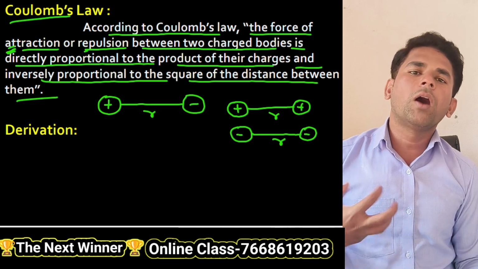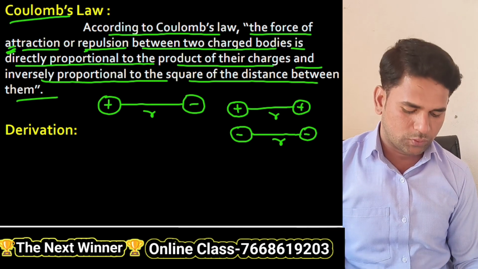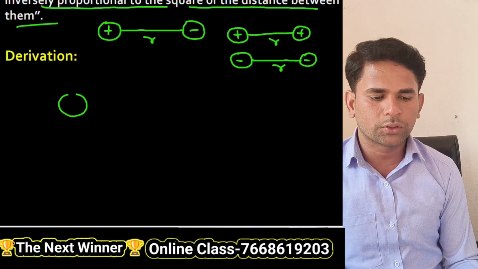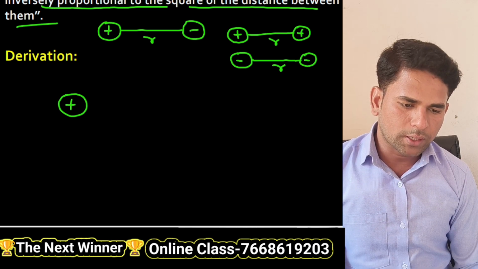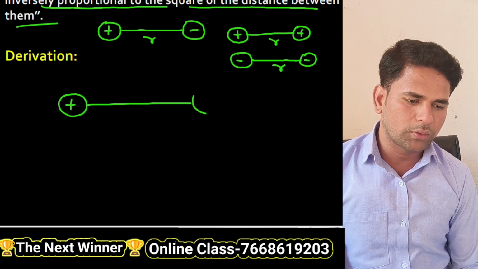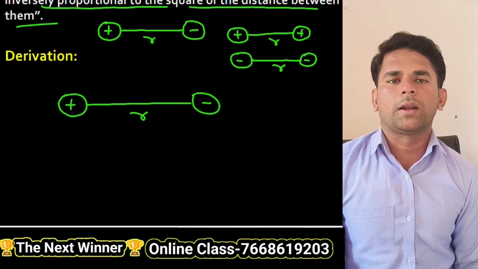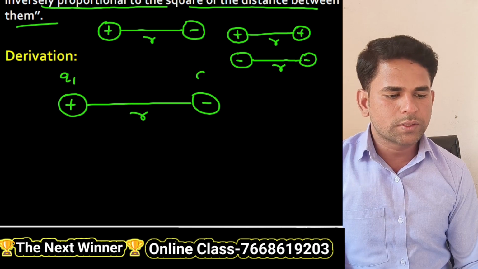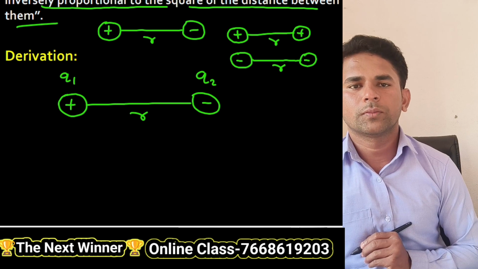Now how can we derive this relation? First you draw one charged body and another charged body at a certain distance r. Let us call this one q1 and this charged body q2.